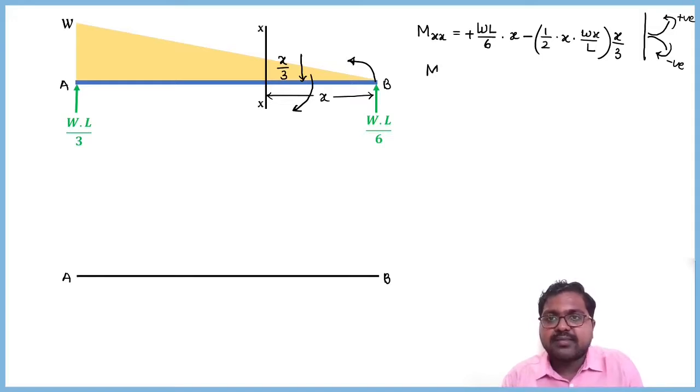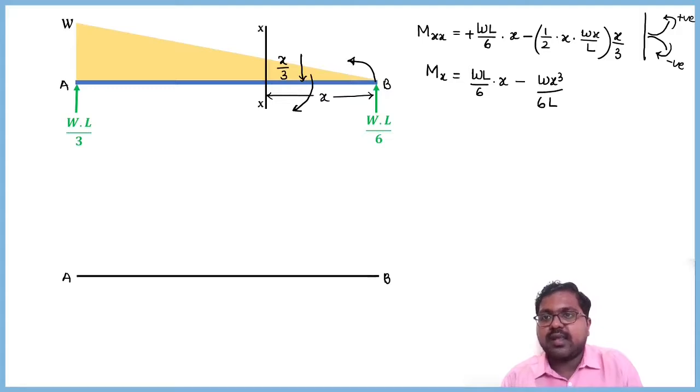So Mx will be equal to WL by 6 into x minus Wx cube by 6L. This equation is in the form of x cube, so the bending moment will follow a cubic parabola path.